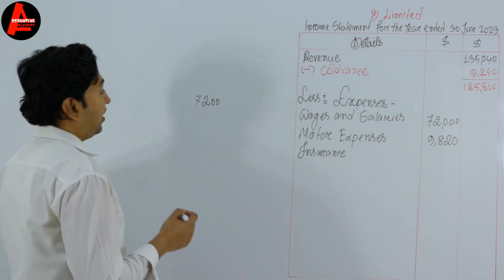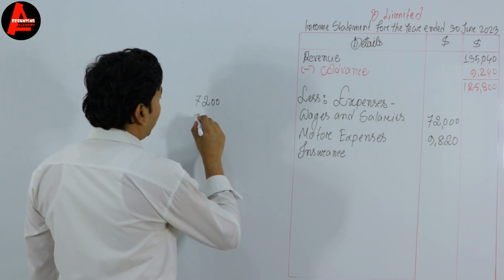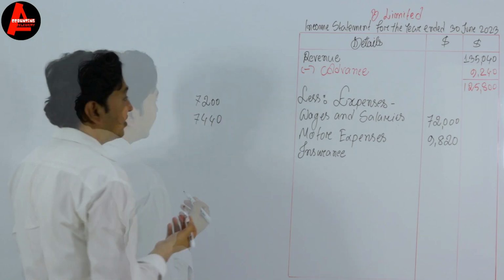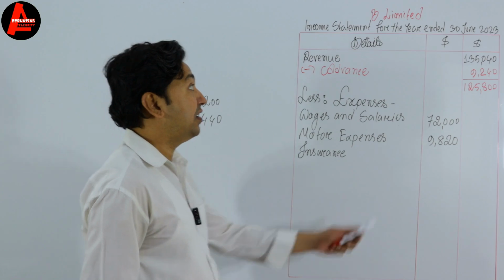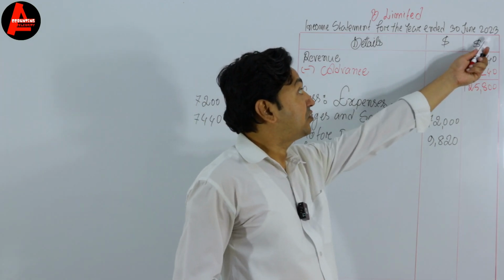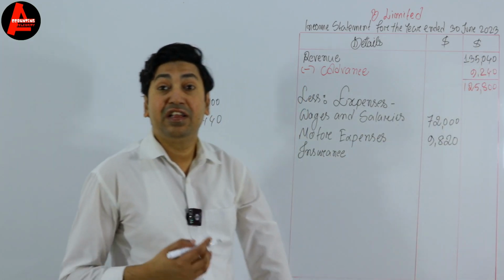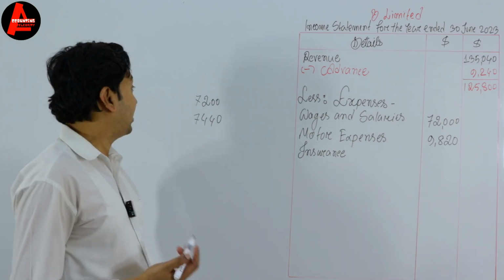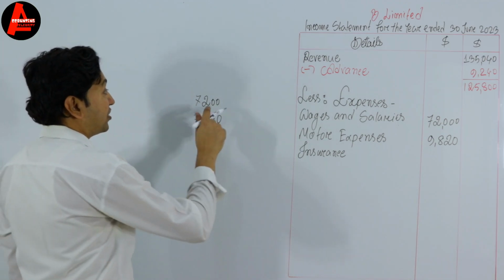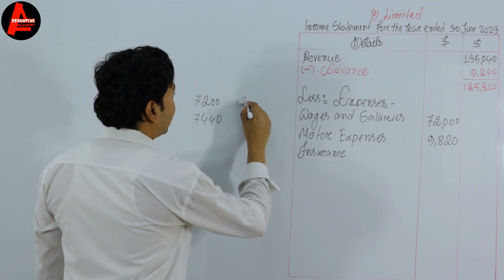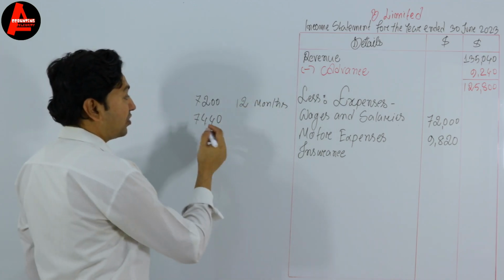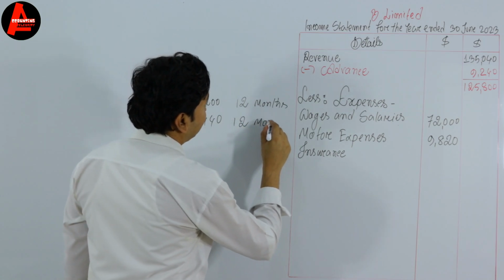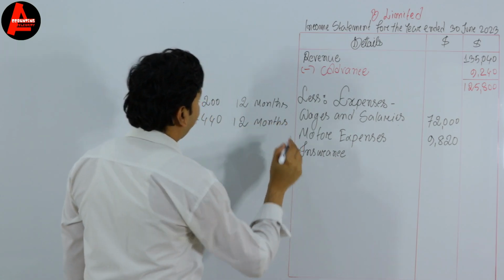And the other amount, $7,440, is paid until 31st December 2023. This amount we paid for 12 months, and this amount also for 12 months. This is mentioned in the question.